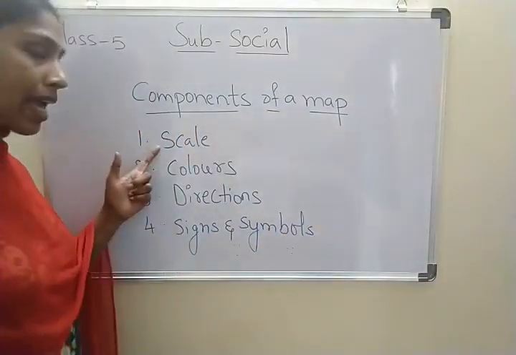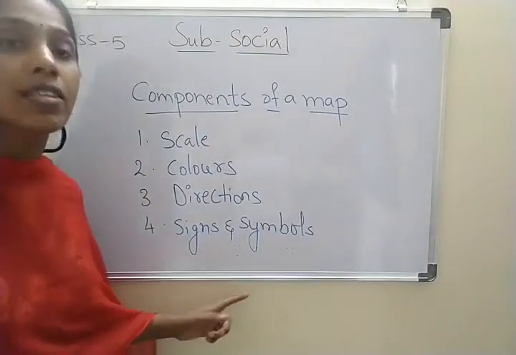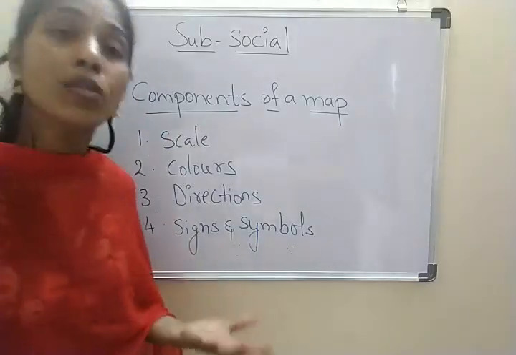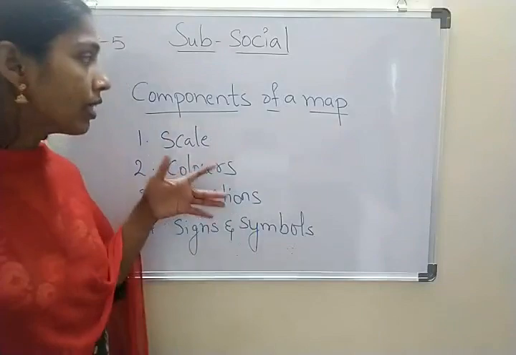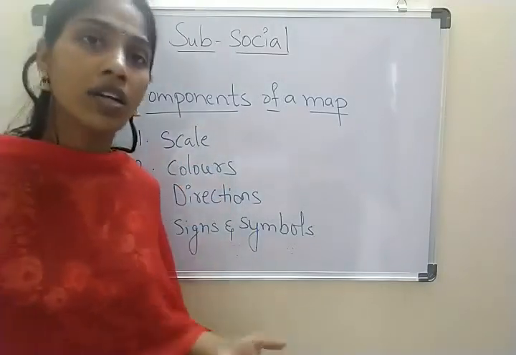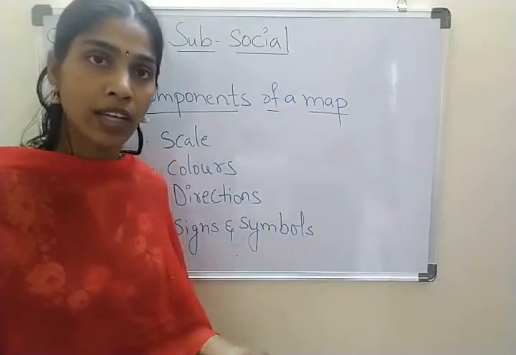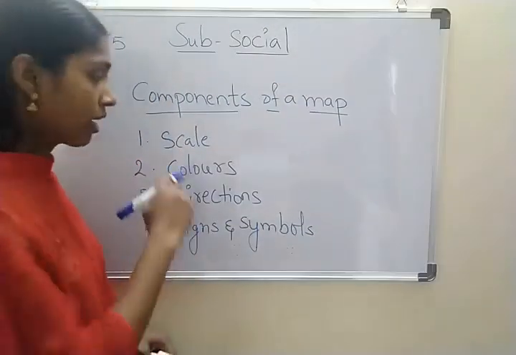Very good. Scale, colors, directions, signs and symbols. Okay, so these components are also known as the language of a map. Okay, these components help us to read the map very easily. Okay, children? Now let us learn one by one.